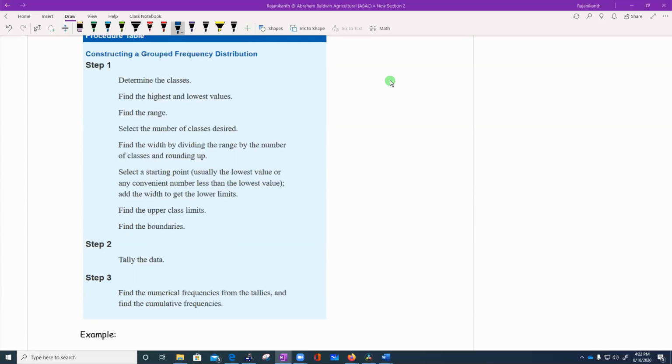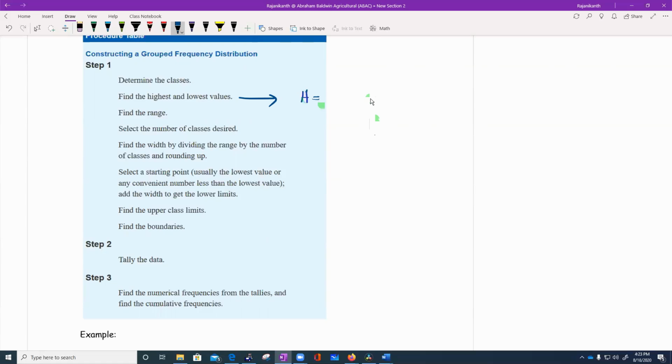After that, look at your raw data and find out the highest and lowest values. Then find the range. How do you find the range? You are given some raw data, some numbers, right? You will find out the highest value among those raw data, so we denote uppercase H for highest value.